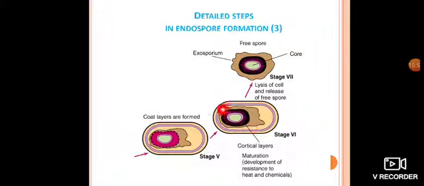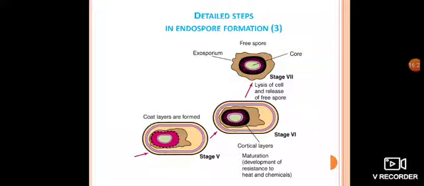Here we can observe the pink layer, surrounded by the black layer. So the spore becomes matured, through its resistance to heat and chemicals, and after lysis of the cell it gets released as a free spore. Okay, so that is step number 7.